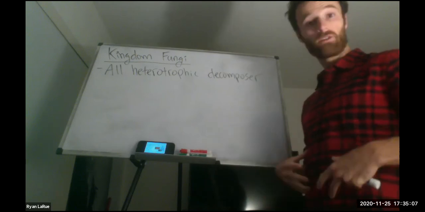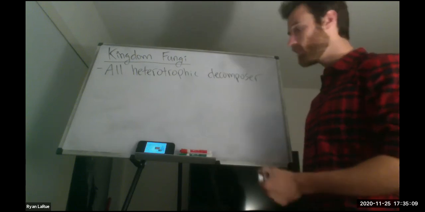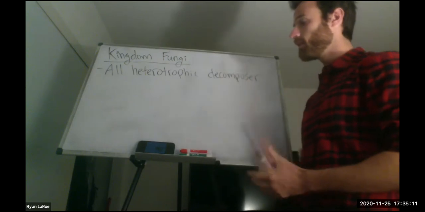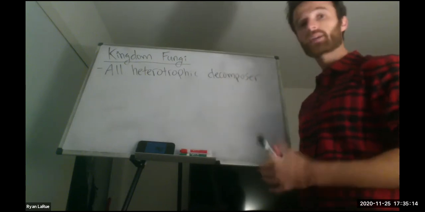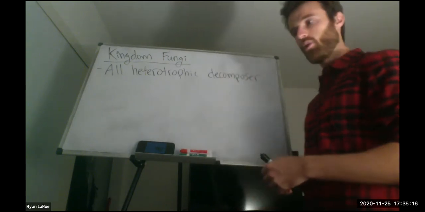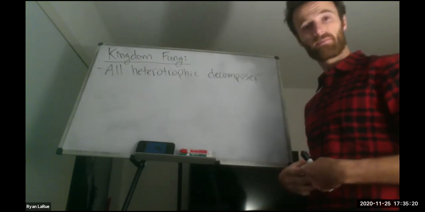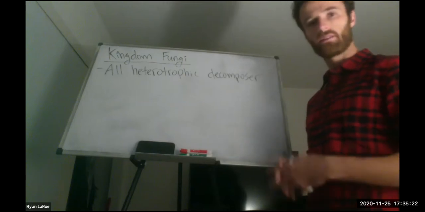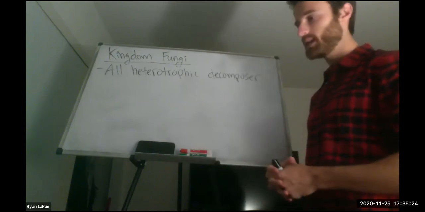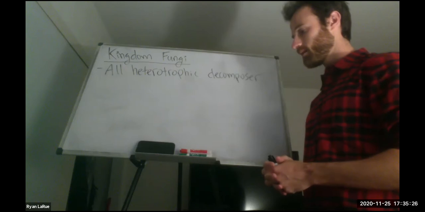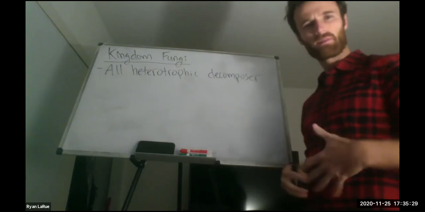We do that internally, right? Weirdly enough, fungi digest externally. So digestive enzymes that come from our pancreas and are secreted into the small intestine to help break down food, we secrete those, right? And it's all happening within us.